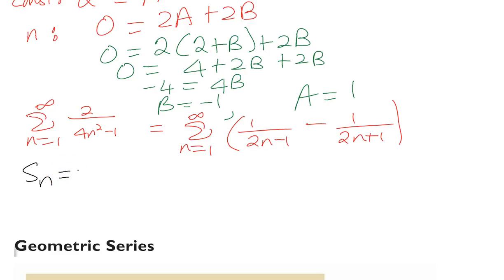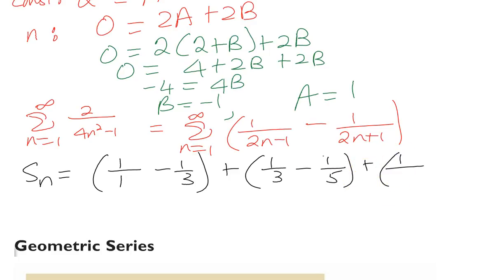Can you go ahead and establish Sn as the first term, the second term, the third term, all the way up to the nth term? What's the first term? 1 over 2 minus 1, minus 1 over 2 plus 1. What's the second term? 4 minus 1 is 3, 4 plus 1 is 5.